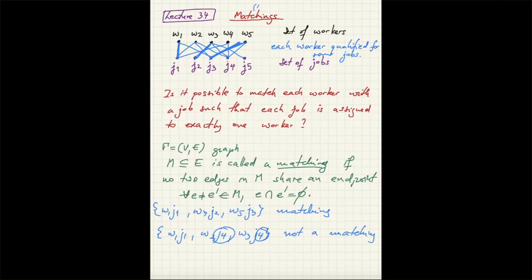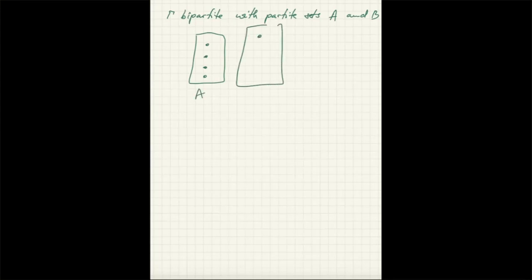So let's say we have a graph gamma that is bipartite with partite sets A and B. So here we have some vertices in A, and here we have some vertices in B. Let's assume the cardinality of A is less than or equal to the cardinality of B. So what we'd like to find is a matching, a collection of edges, such that every vertex on one side is contained in one of the edges of the matching.